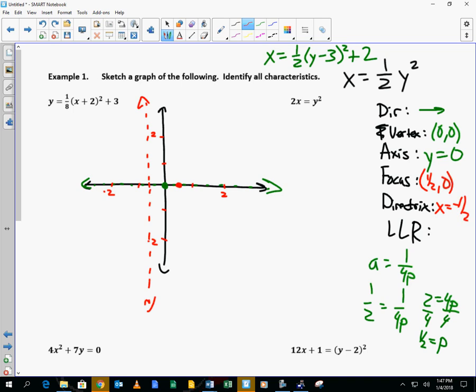Yep, x equals -1/2. The length of the latus rectum, absolute value 4p. 4 times 1/2, 2.